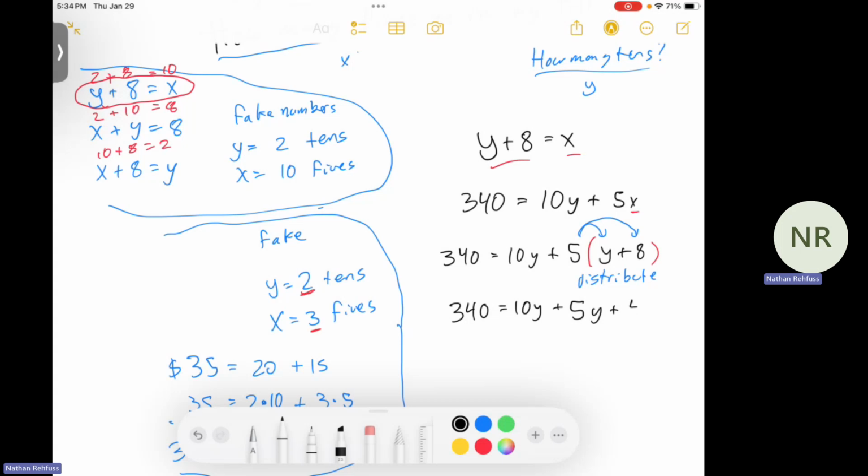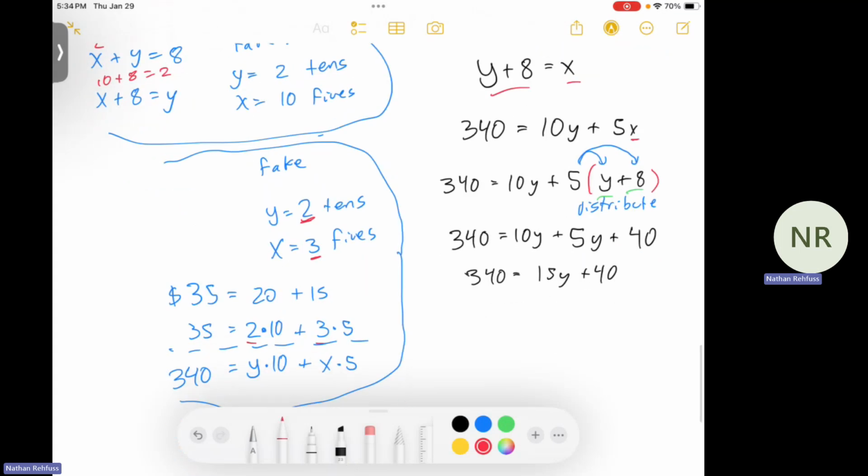I have 5y plus 40 balls. So both terms that were added together, both terms need to be multiplied by 5. If I have y plus 8 $5 bills, then I have 5y plus $40. Next step, we're going to keep simplifying the right-hand side. 10y plus 5y is 15y.